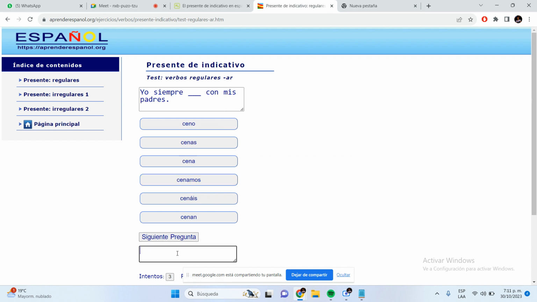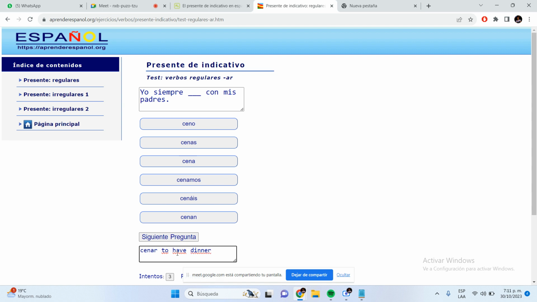Okay, now the verb is cenar. Maybe you know what the meaning of cenar is. I don't. Bueno, entonces cenar significa to have dinner.